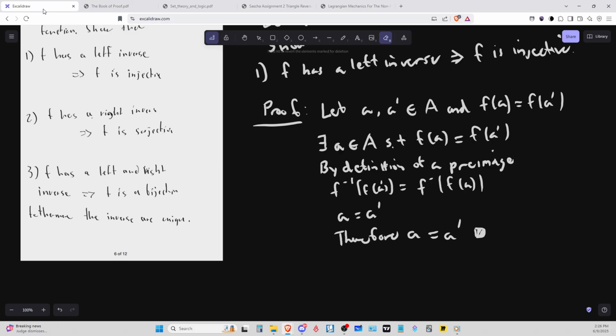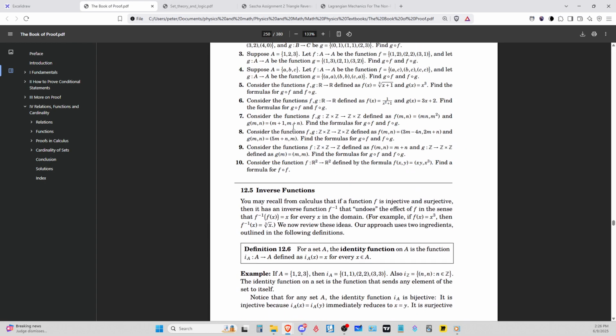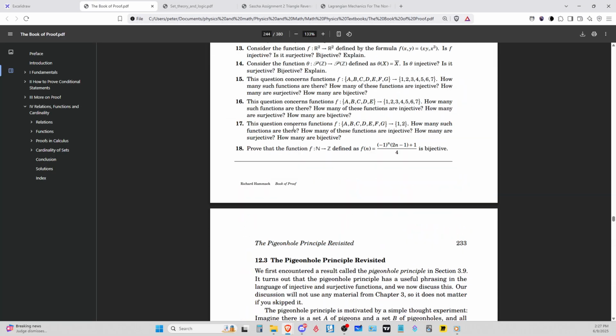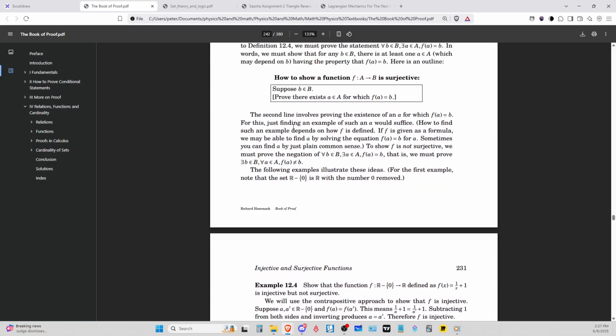Well, that's partially what I get from that. Like A prime is not equal to A, but I tried to do it in the contrapositive way, because what you're saying is the direct proof way, where you define it in that way.